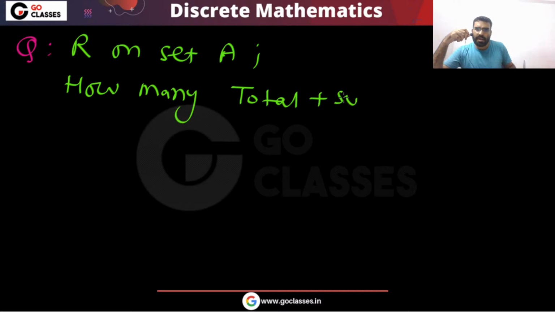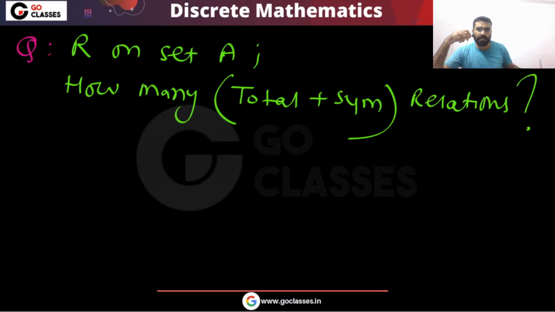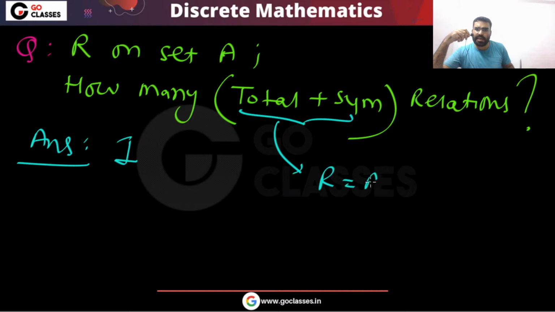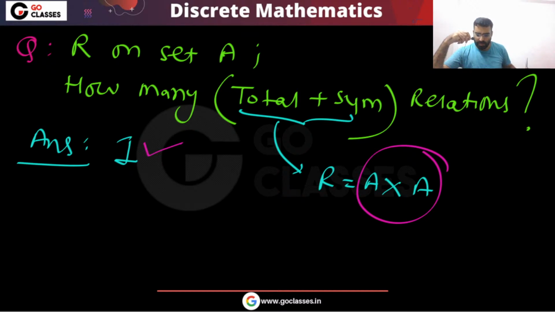The answer will be only one, because total plus symmetric means that your relation is A cross A. This is the only relation which is total plus symmetric. So the answer will be 1. Okay.